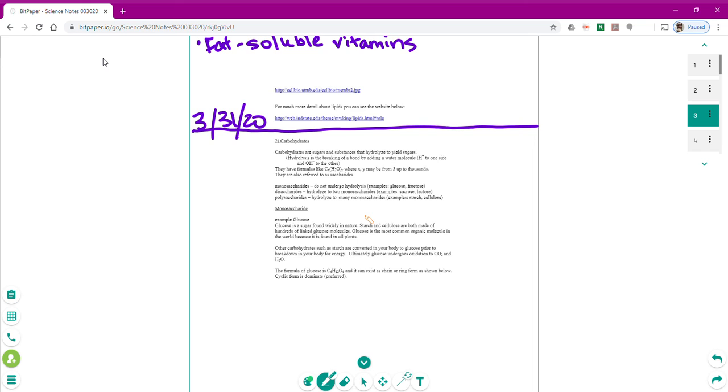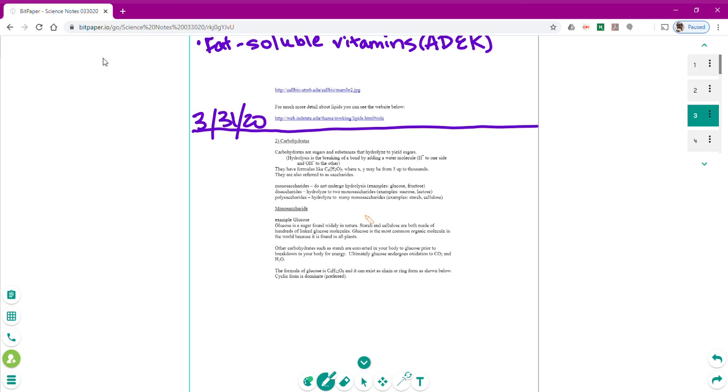Okay, so when we're talking about fat-soluble vitamins, we're talking about A, D, E, and K. Vitamin D is super important in calcium usage, making sure your body can actually make use of the calcium you ingest.